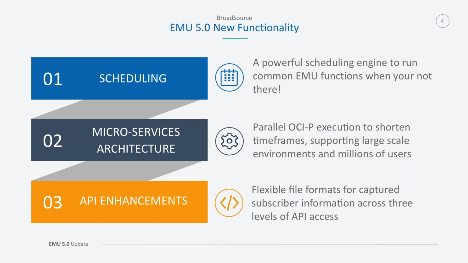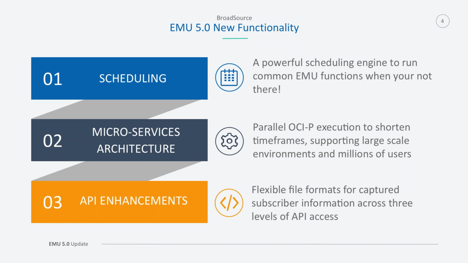There is a brand new architecture inside EMU that allows EMU to maximize the potential of the BroadWorks API called OCIP. And that particular protocol, OCIP, is the one that we use to interact with BroadWorks at all levels.